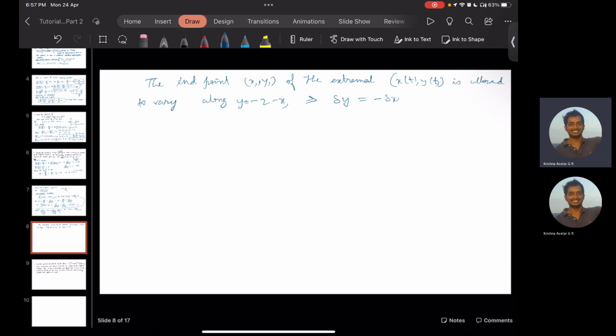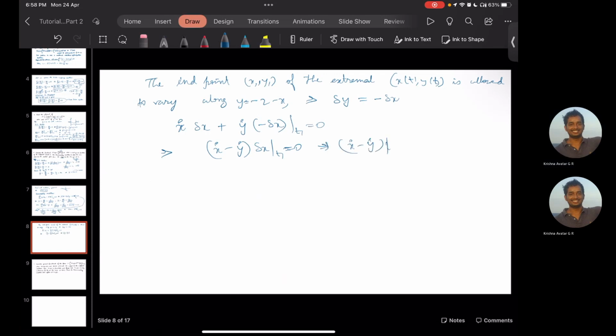So let's substitute this into the previous equation. So x dot into del of x plus y dot into minus del of x at T1 is equal to 0. So this leads us to x dot minus y dot times del x at T1 is equal to 0. And mind you that the variations can be arbitrary. So this means that x dot minus y dot at T1 is equal to 0, since delta x at T1 is arbitrary.